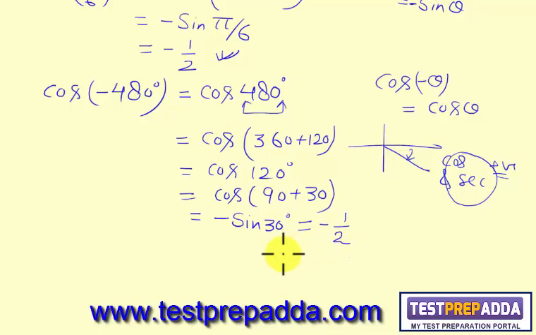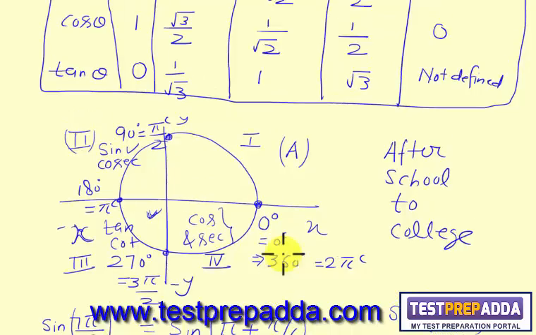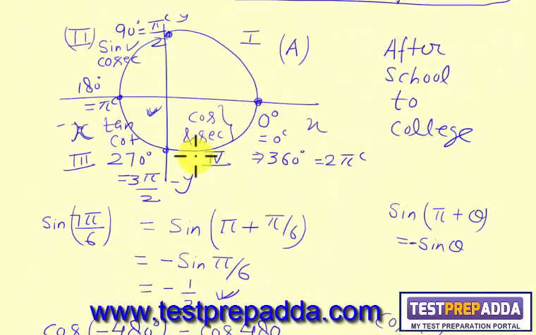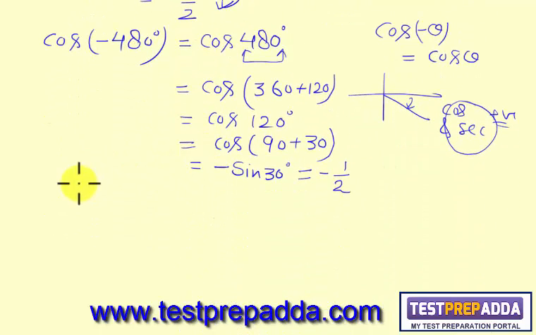Got it? Now I'll take a few more questions, and then the remaining questions you can solve. Consider sine 4530 degrees.